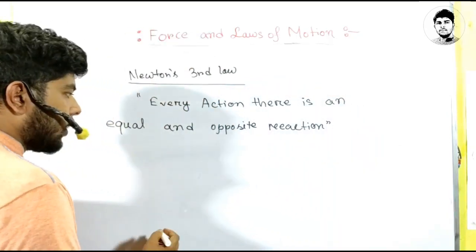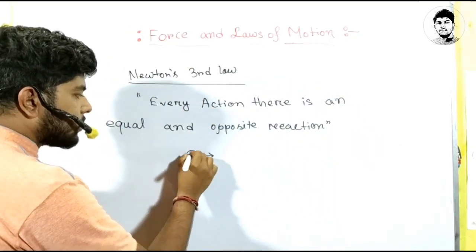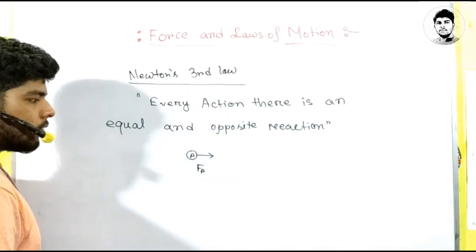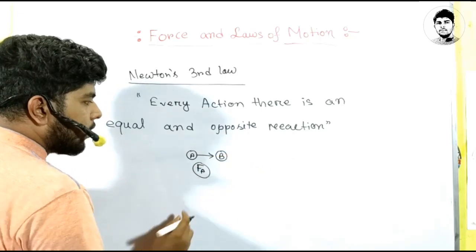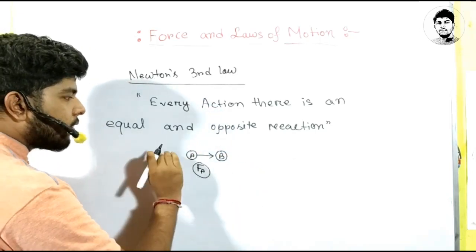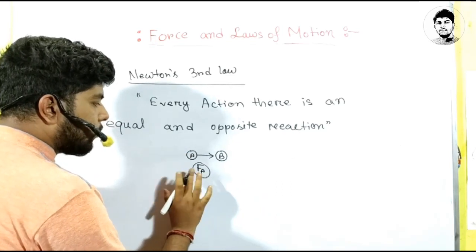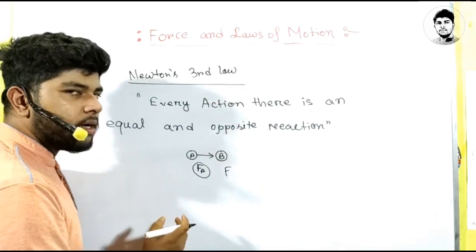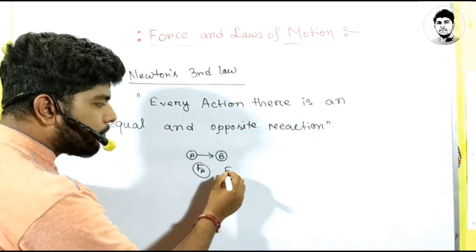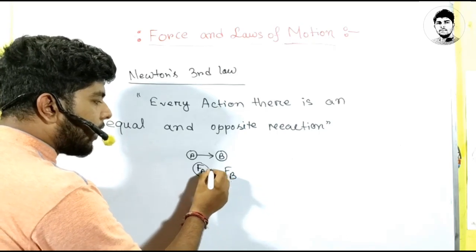So it says that if an object hits with a force, suppose this is object A with force Fa, and another object B, if object A applies some force to object B, and the force is Fa, then B also exerts some force on A with the same value and negative sign.